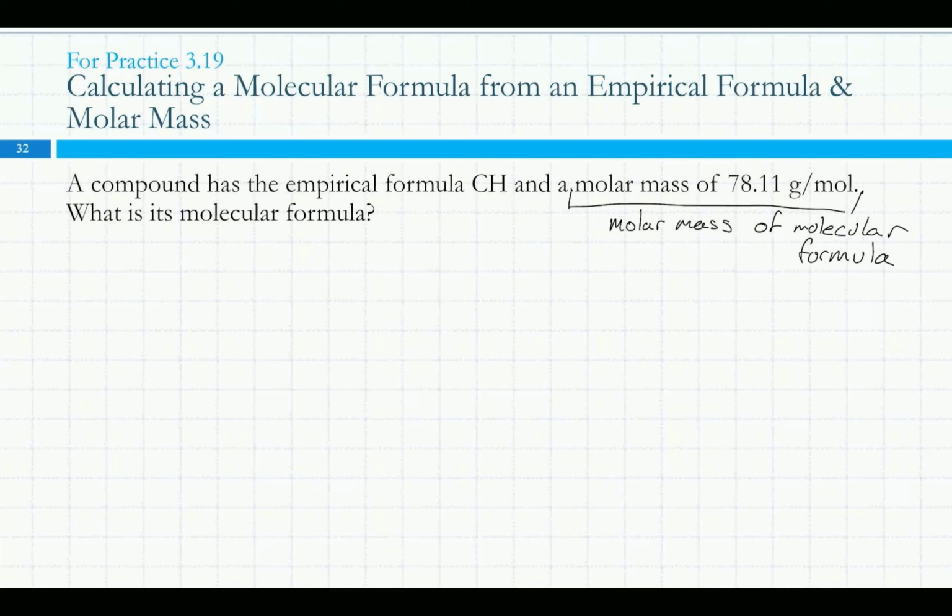It's not telling you that CH has a molar mass of 78.11. So what we'll need to do first is say we've got carbon and hydrogen. There's one of each, so 12.01 plus 1.01, because this will give us the empirical formula mass. So it's 13.02 grams per mole. That's the molar mass of the empirical formula.